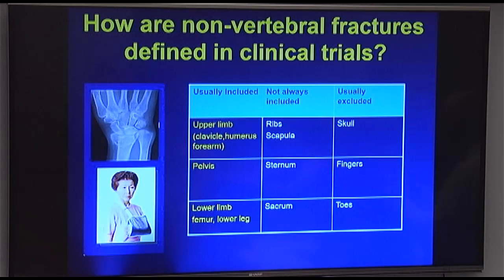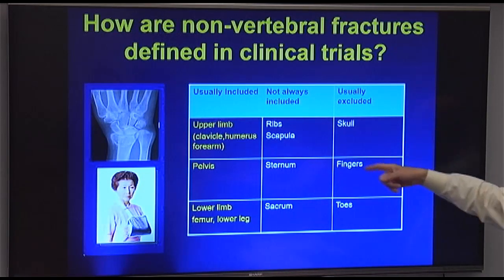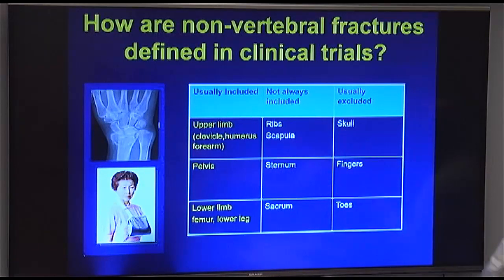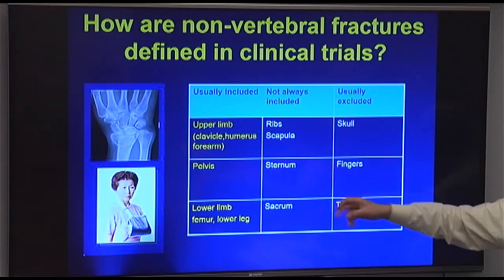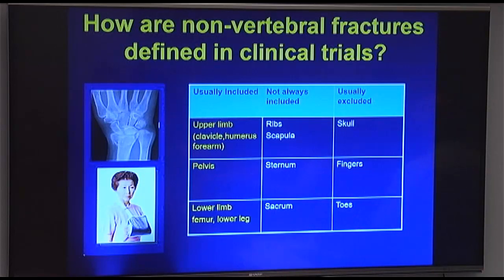But we don't count it. Okay, so almost always the clinical trials exclude digit fractures and skull fractures. Now, some of the clinical trials also will exclude ribs, scapula, sternum, and sacrum. So again, you have to read carefully because they vary from clinical trial to clinical trial.